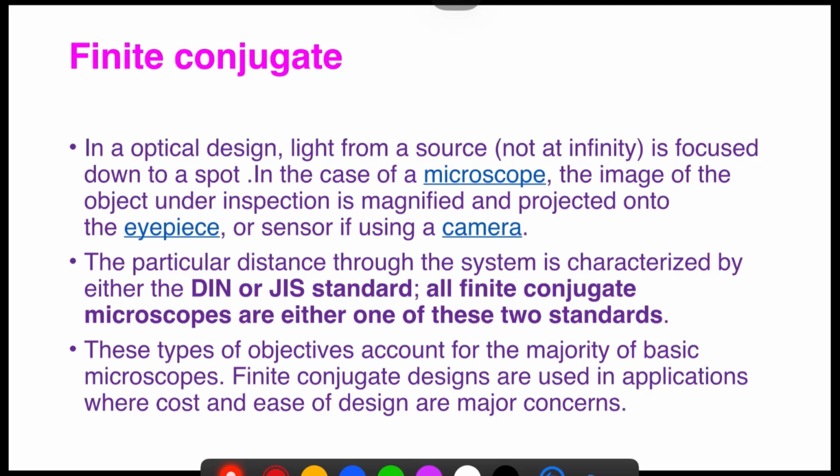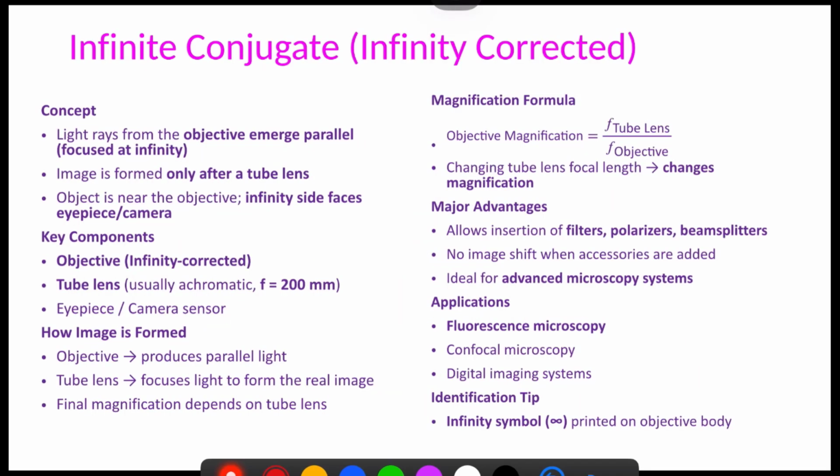Now for finite conjugate, the microscopes which do not have infinity correction use these two standards, DIN or JIS. While in infinite conjugate, infinity corrected, the light rays from the objective emerge parallel, and the image is formed only after a tube lens.